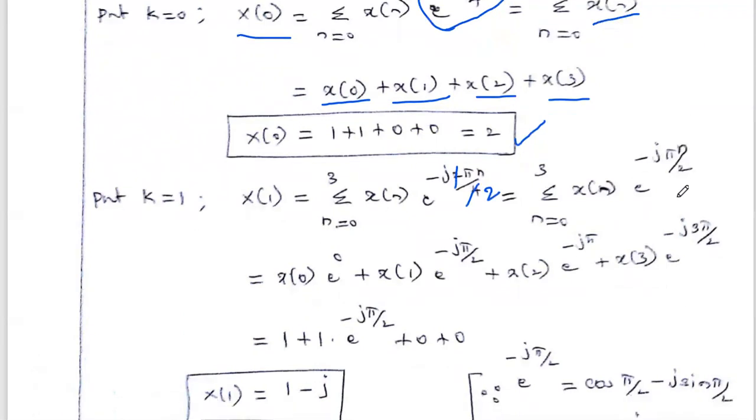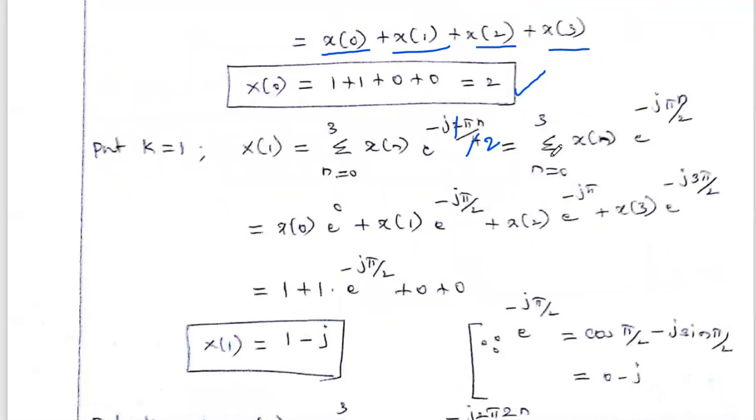After that, we expand the summation. First put n equal to 0: we get x of 0 into e power 0, and e power 0 is 1. Then plus put n equal to 1: x of 1 into e power minus j pi by 2.